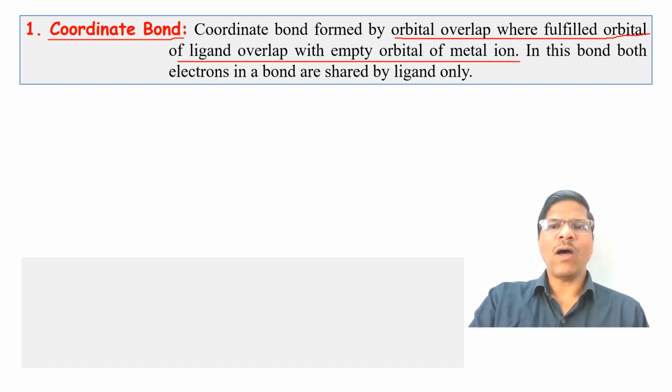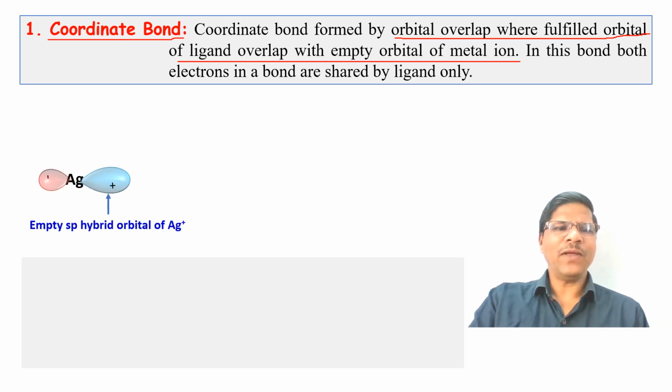So the bond is formed by orbital overlap. This is as such a covalent bond, but as the filled orbital of ligand is used, this covalent type of bond is called a coordinate bond.